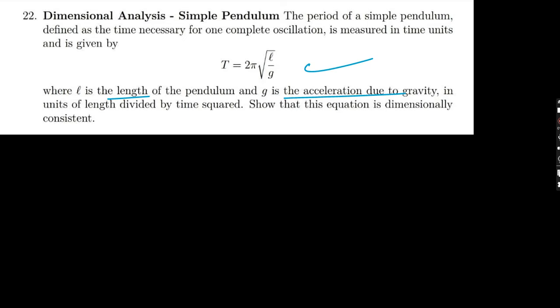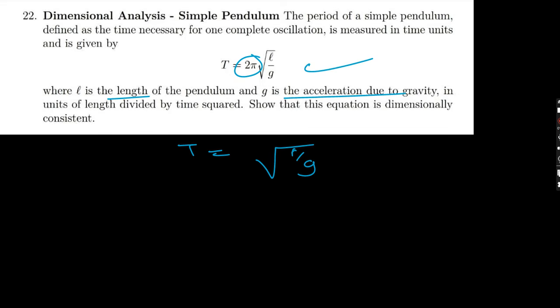Okay, as usual, we are going to show the dimensions in both our right and left hand sides. First of all, we're going to omit the constant, so our formula is going to remain T, then the square root of L over g.